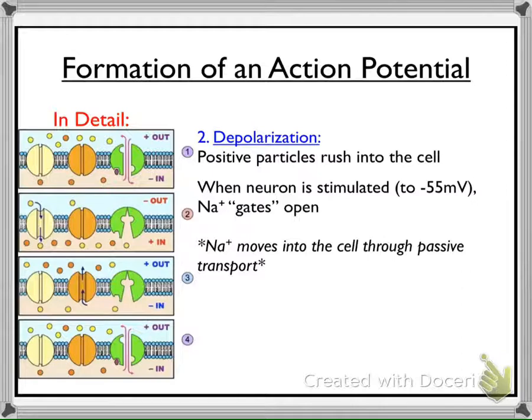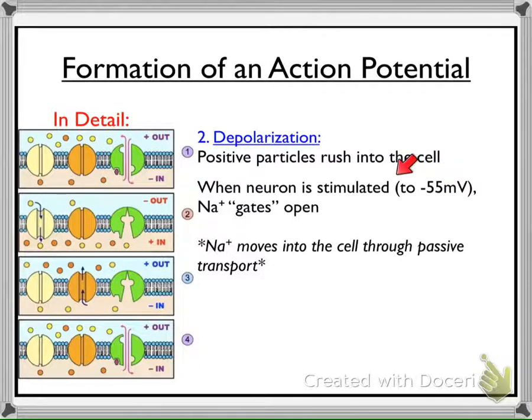And a stimulation, so if you, for example, have the sensation of touch, if you have the sensation of taste or smell, what's happening is that there is a change in the charge of the axon for the particular neuron that's involved. And this charge usually has to reach about negative 55 millivolts. So we've gone from negative 70 to negative 55. So we've actually had an increase in the voltage, right? The voltage has become less negative.